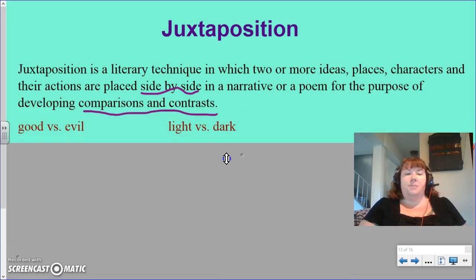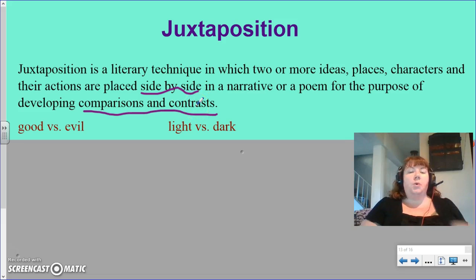Looking at some samples, there's this idea of something being good versus something being evil. They are complete opposites, but they are placed next to each other with the intention of bringing this contrasting evidence to pull you in. So in a story you might see a good character and an evil character.